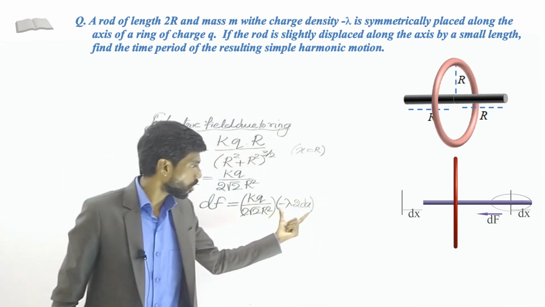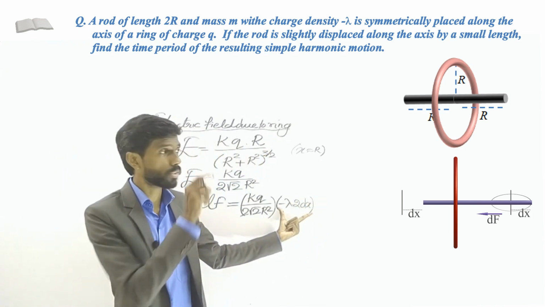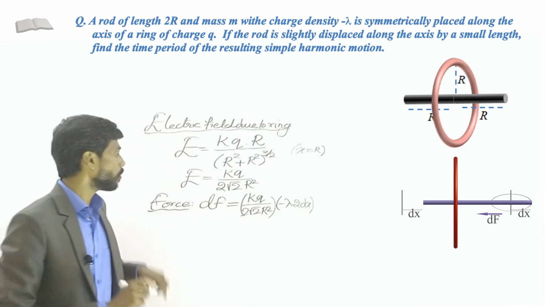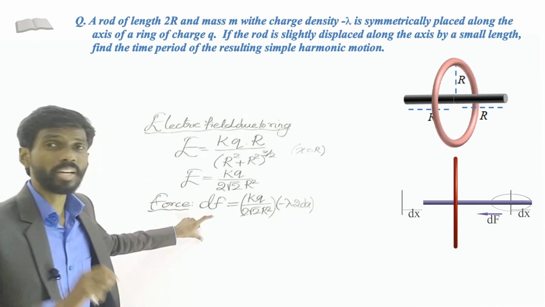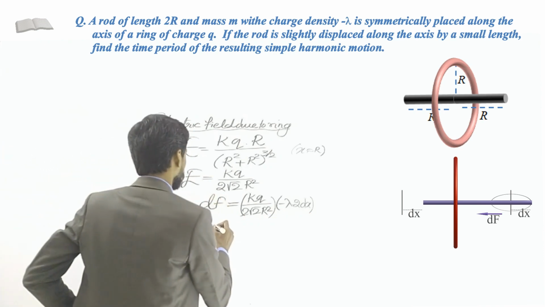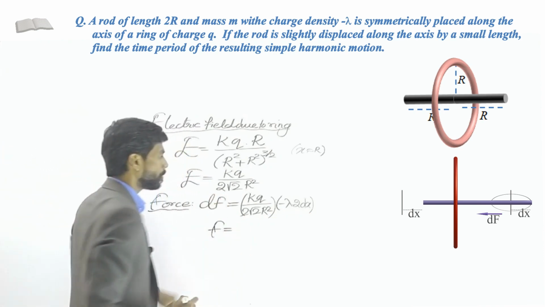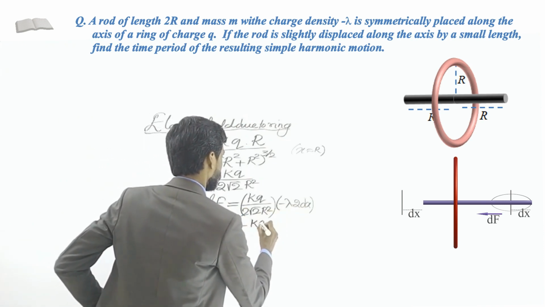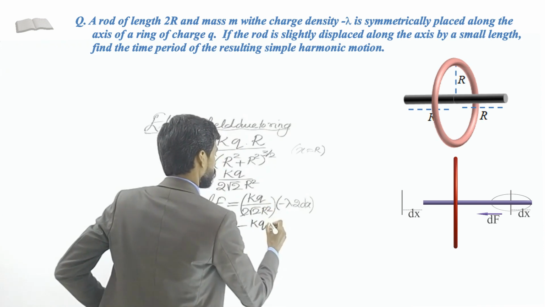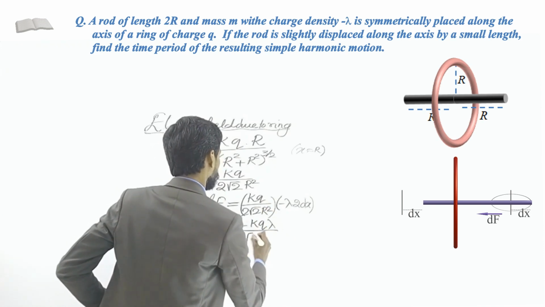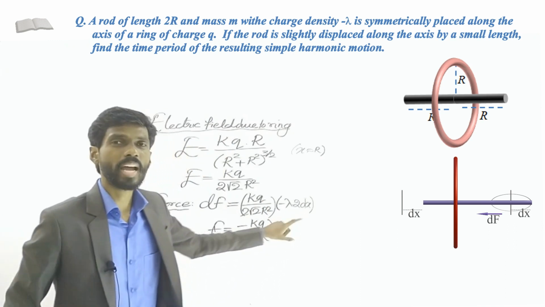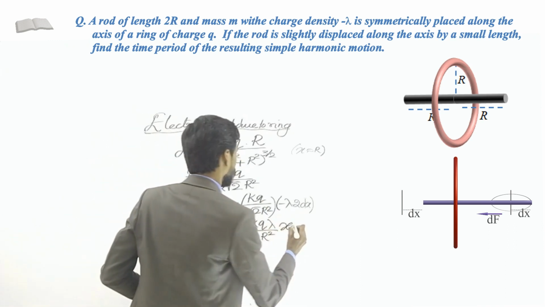Do you understand? So this is the charge of that small portion multiplied by the electric field, and we get the force. Now we want the total force, so we have to do the integration. The 2 cancels, giving minus kq lambda divided by root 2 r squared. If you integrate dx, that will simply be x.